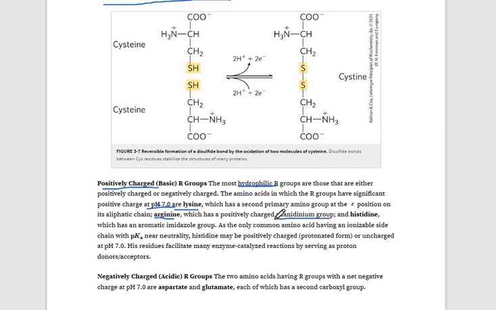You have to remember that group, that is the guanidinium group, and histidine, which has an aromatic imidazole group. You have to remember the groups they contain.